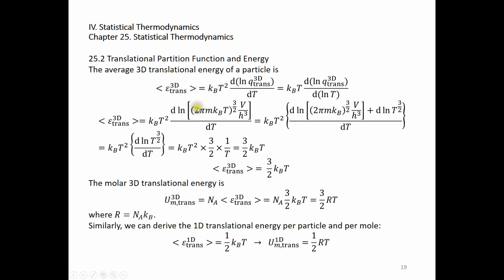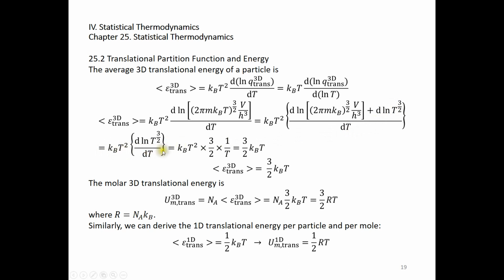So over here it's just a constant times t to the power 1.5, and that's why I can separate these two here. And now look, the logarithm of everything else is independent of temperature, so this derivative is just 0. We just need to look at this one.